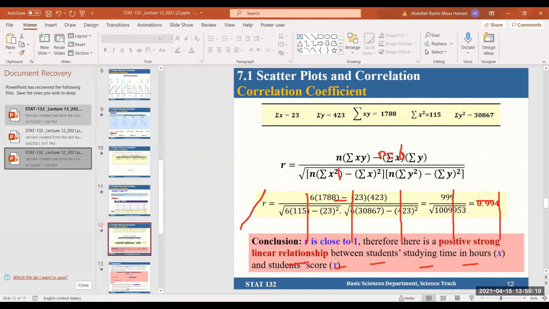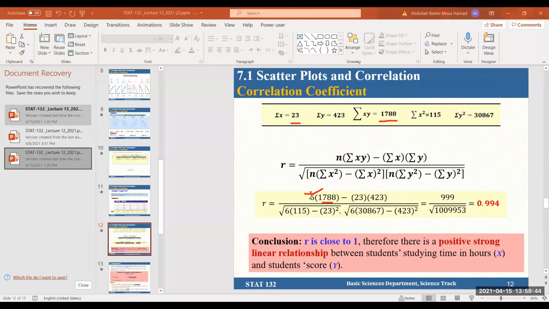to find the value of the correlation coefficient. We have the summation of X. N is 6, so we write 6. The summation of X multiplied by Y is this. So it is N times the summation of XY, minus the summation of X, which is 23, times the summation of Y, which is 423. So we finish this. We go down to the square root of what?